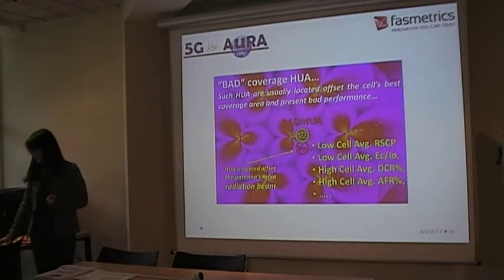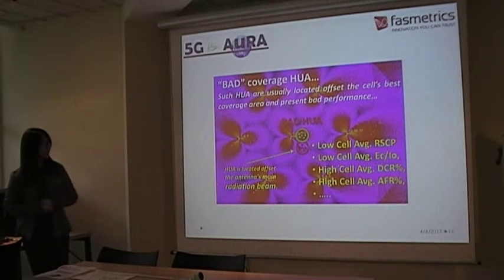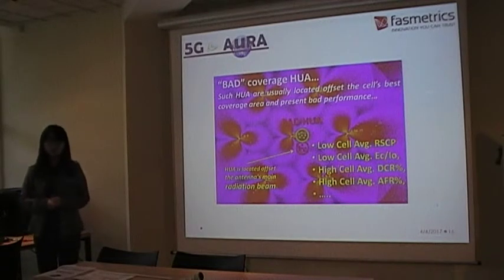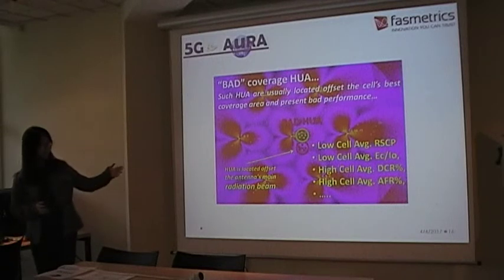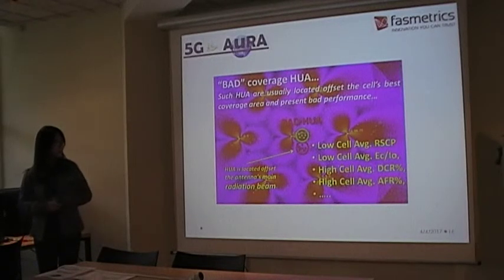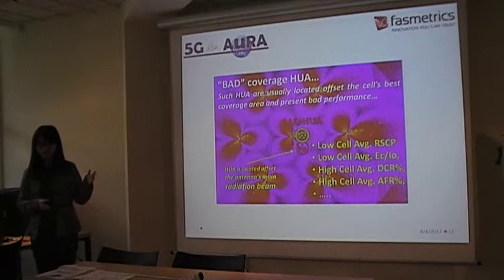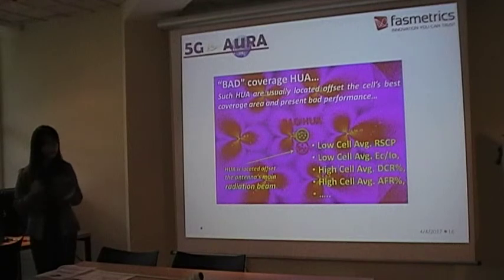By contrast, the bad high usage area coverage is mainly located offset from the antenna's main radiation beam, represented by the red dots here, and these users usually suffer low signal strength, low signal quality, and high drop call rate or high access fail rate.